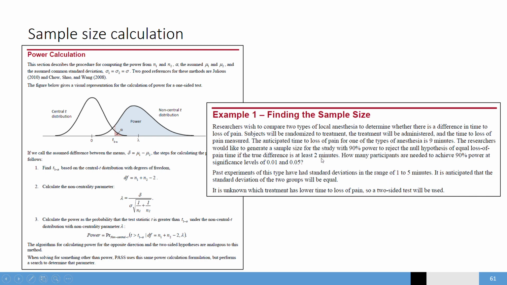This is the gap that I want to detect. My gap was 25 millimeters squared. How many participants are needed to achieve 90% power at two different significance levels? Past experiments of this type have had standard deviations in the range of 1 to 5 minutes.